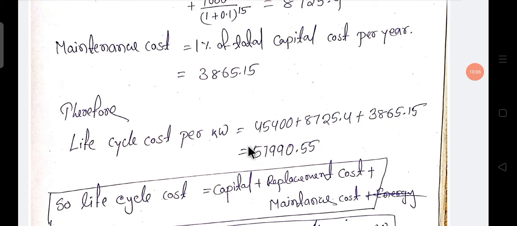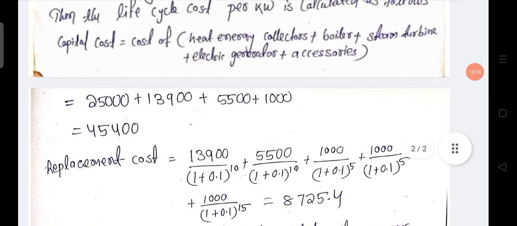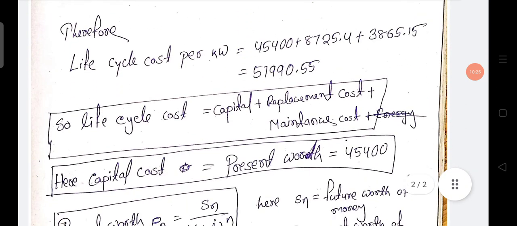Now the total is our life cycle cost per kilowatt. Here this capital cost is equal to the present worth, which is 45400.